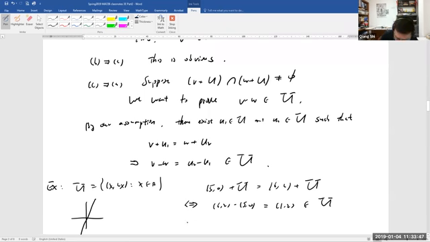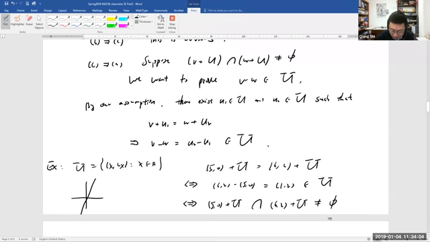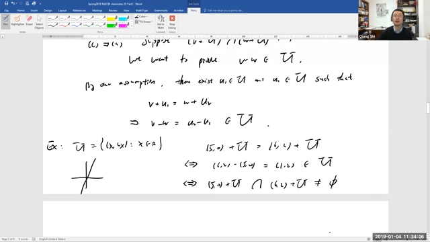This also means the first set intersected with the second subset is not empty. Of course, it's not empty, they're just the same. If you start checking this, you just look at U plus (5,0), which is also U plus (6,2).